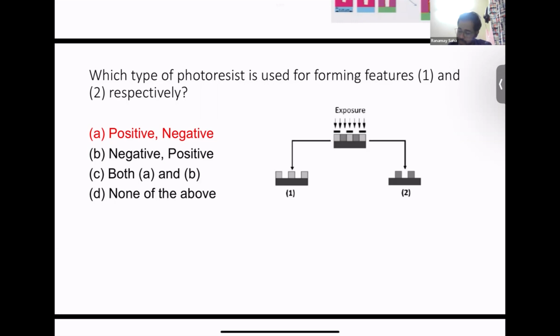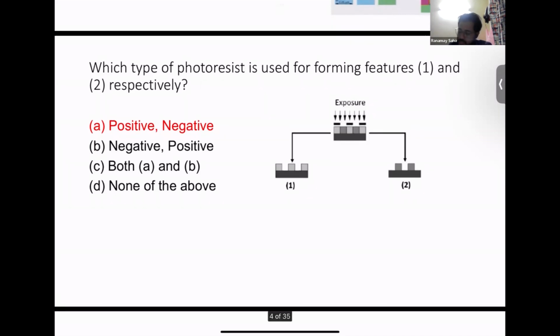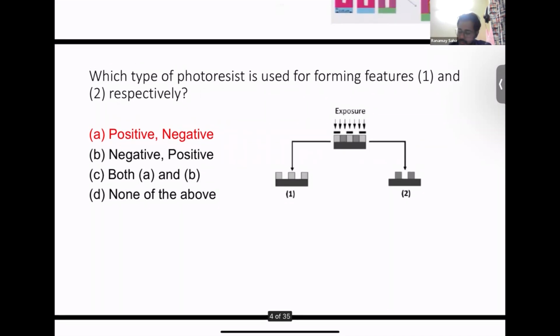Okay, so in option 1, you can see that the exposed regions are getting washed away after developing. So the first one goes for positive tone photoresist, and the second one, just the reverse of that, becomes your negative tone photoresist. Okay.